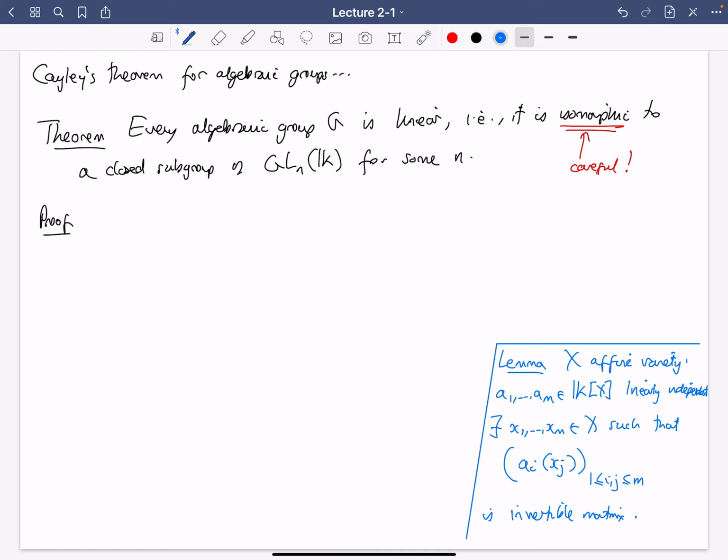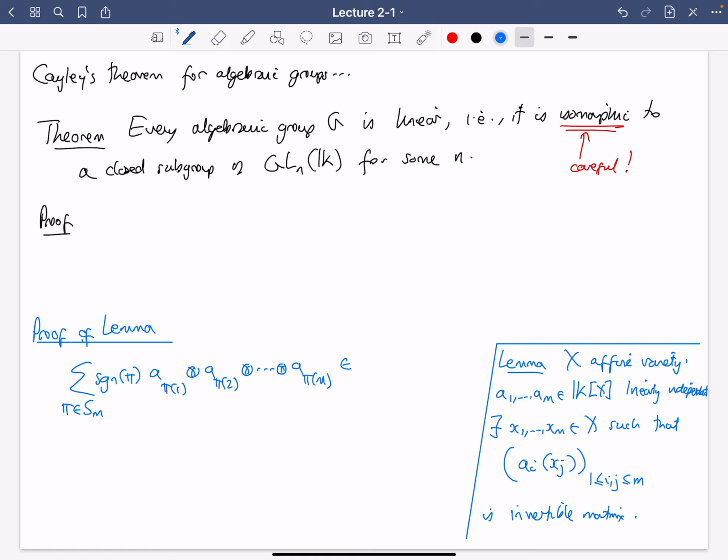So I've just written the lemma down. Let me prove the lemma. It's not very difficult at all. I'm going to write the proof down, then erase it so that we just have a little record of that lemma in the corner of the page. The proof is fairly straightforward. You look at the sum over the symmetric group Sm of the sign of the permutation times a_π(1) tensored a_π(2) all the way up to a_π(m).